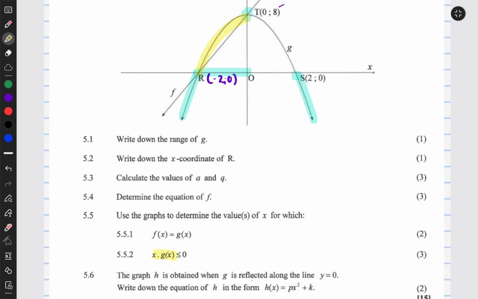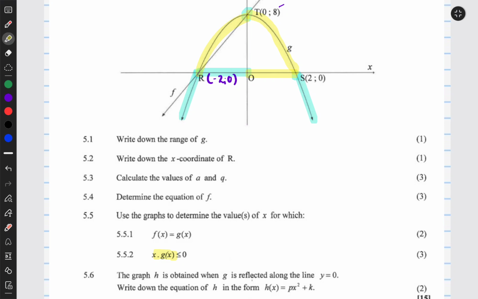For this situation here, we're going to get a negative outcome. But once we get here, positive values of x, we multiply with the positive values of g at x, right up until here, we're going to get a positive outcome.